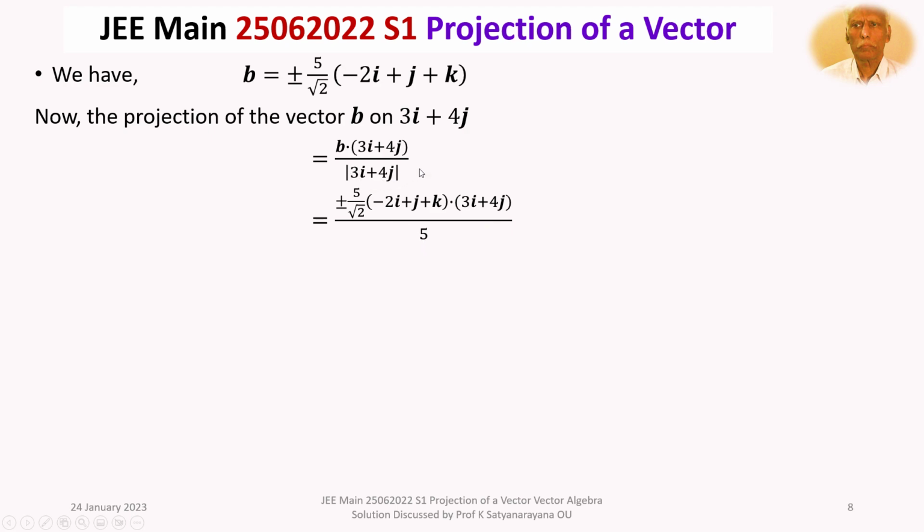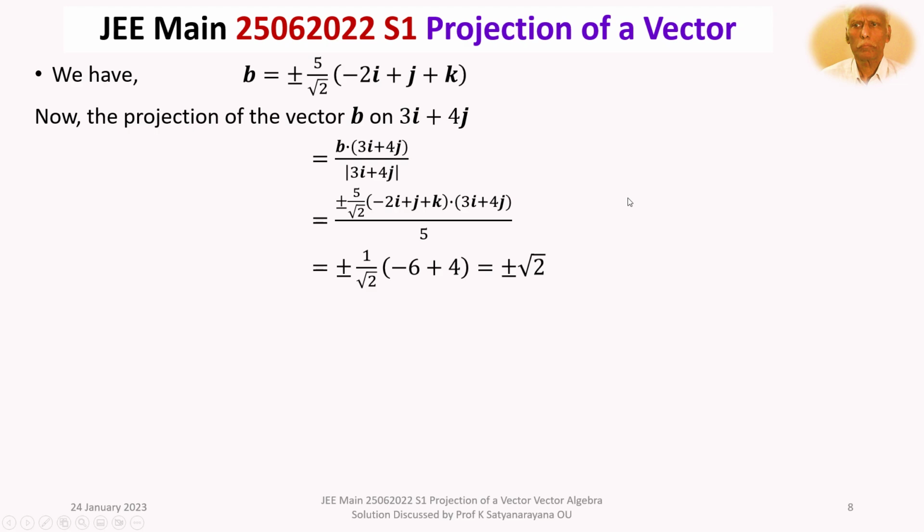Mod of 3i + 4j is 5, so 5 cancels. You will get plus or minus 1 by root 2 into minus 2i dot 3i, which is minus 6, plus j dot 4j, which is plus 4. So that will be plus or minus 1 by root 2 into minus 2, that is plus or minus root 2.